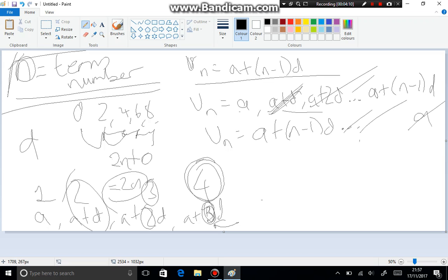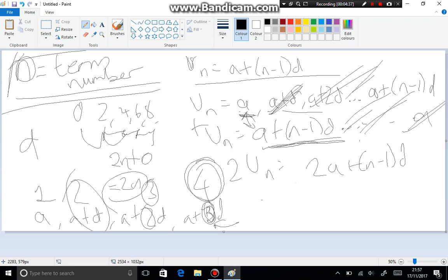If you think about it logically, let's see, 2Un. If you add these two sequences together, this will cancel with the value over here, this will cancel, etc. And the only thing we'll have left in the end is A plus (n minus 1)d and just A. So if you add these two together, you get 2A plus (n minus 1)d.